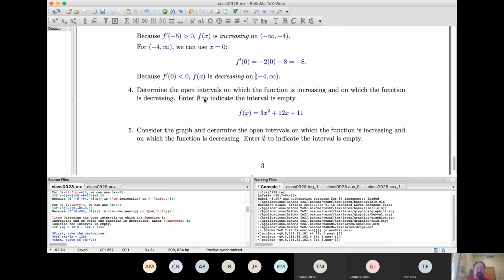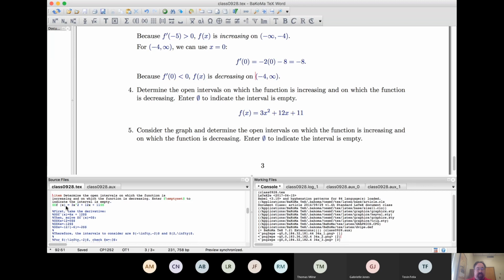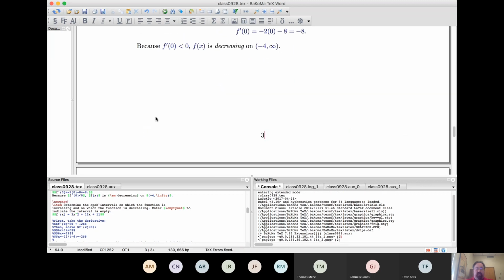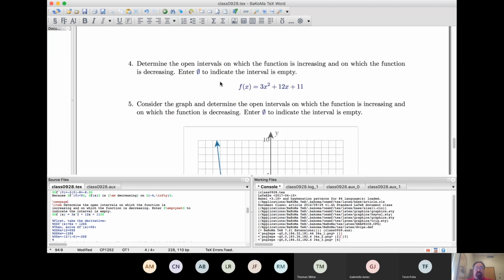Okay. Here for this function, same question: where is it increasing or decreasing? It's not asking about horizontal tangent lines, but you're going to end up figuring that out anyway in the process. So the very first thing you do for a question like this is take a derivative.